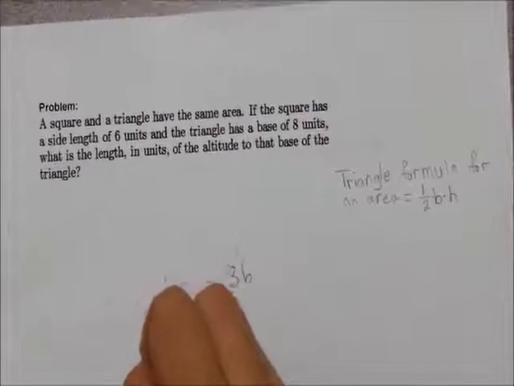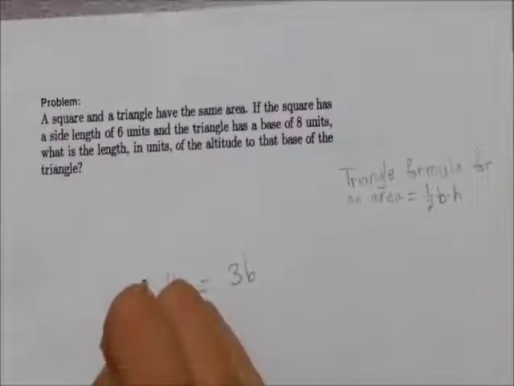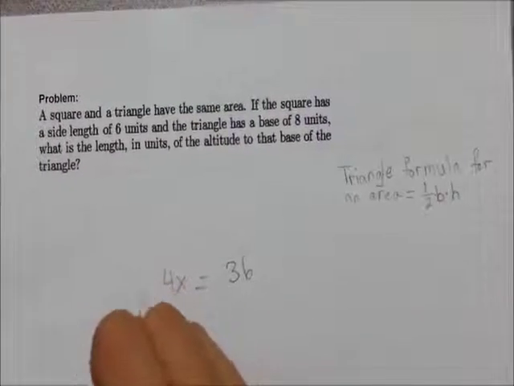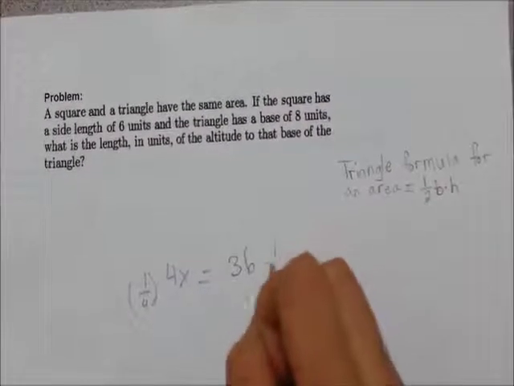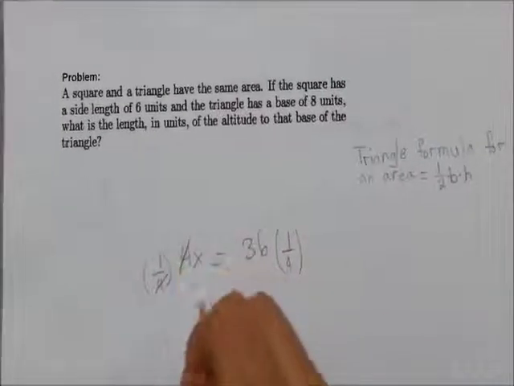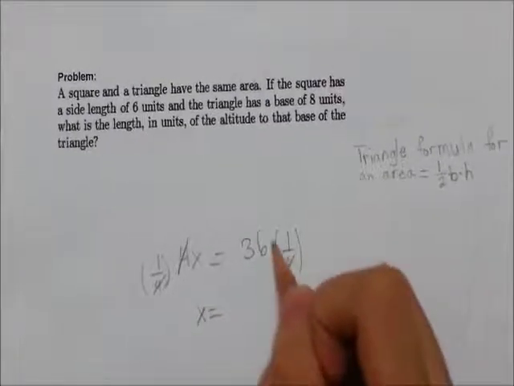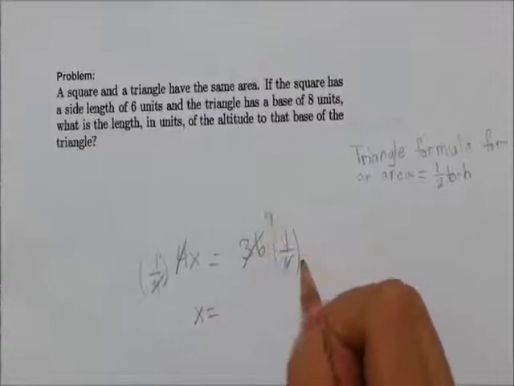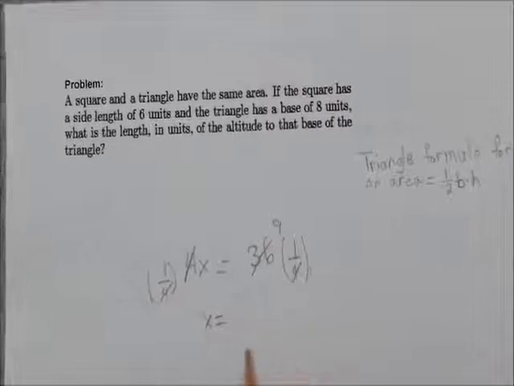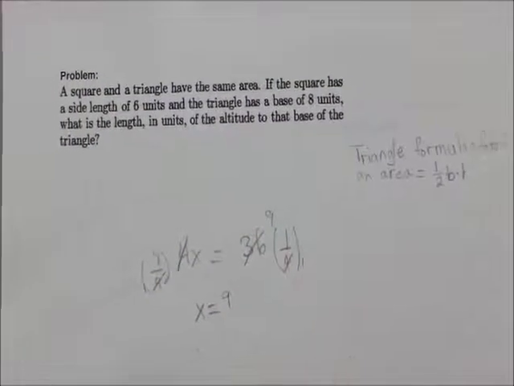So 4x is equal to 36. Divide both sides by 4. The 4 crosses out, leaving us with x. 4 goes into 36 9 times. So x is equal to 9. The height is 9.